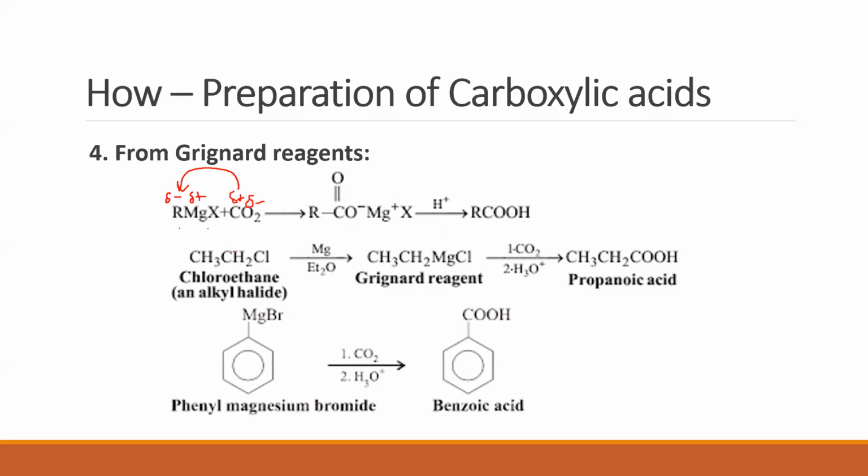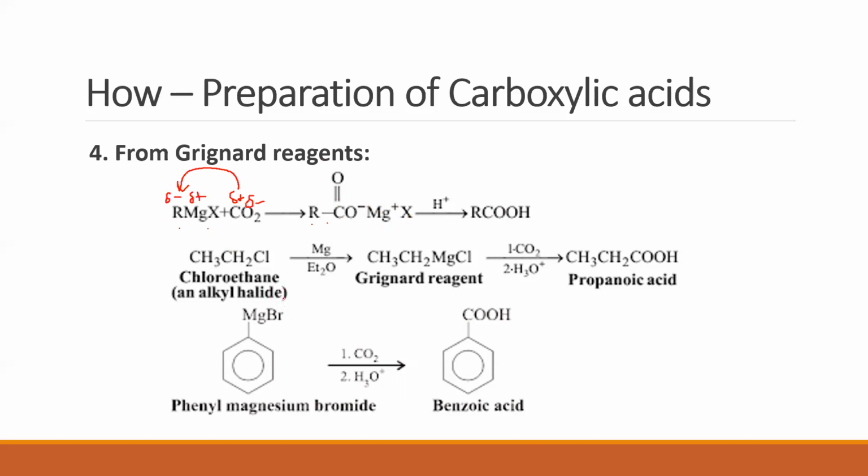So what's happening? The entire carbon dioxide molecule will attack the R minus and gets incorporated between R and MgX, giving us RCOO MgX. Clear? So RCOO minus, MgX plus.